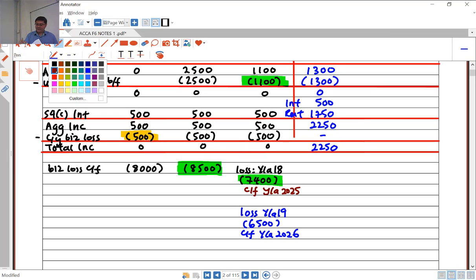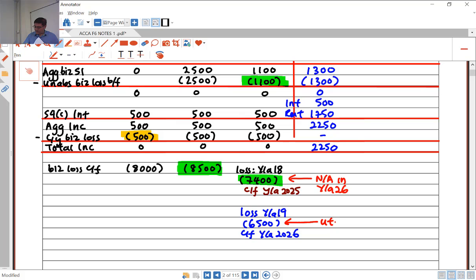So you see, this loss is not available in YA26. This loss, you will only utilize 1003 in YA26. And the remaining loss, no more.